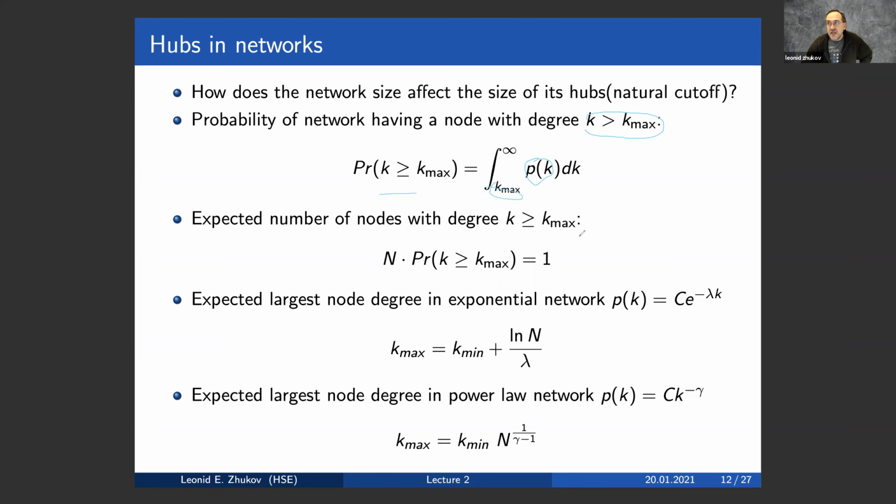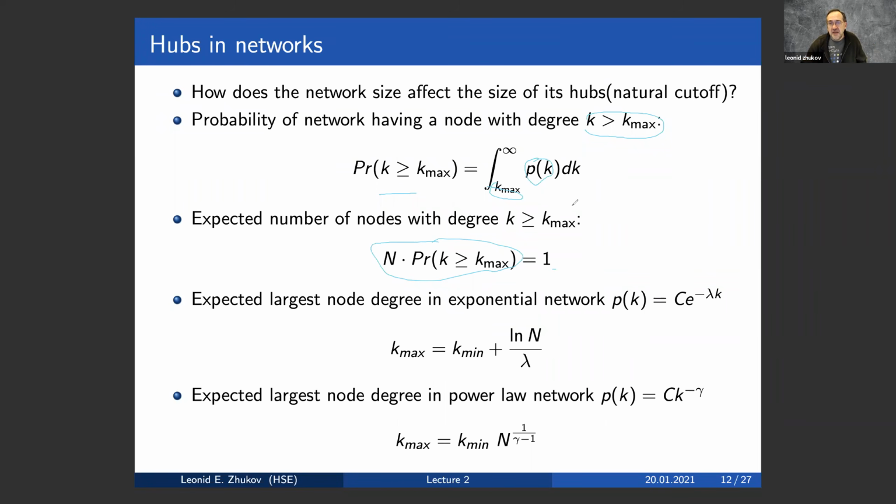If I want to calculate the expected number of nodes having a degree more than the maximum, I just multiply by the number of nodes. Let's say it's enough for me to have one node of degree more than some maximum degree. Then I equate it to 1.